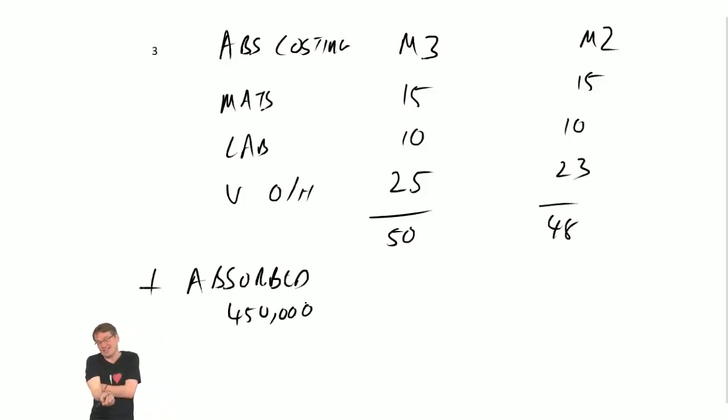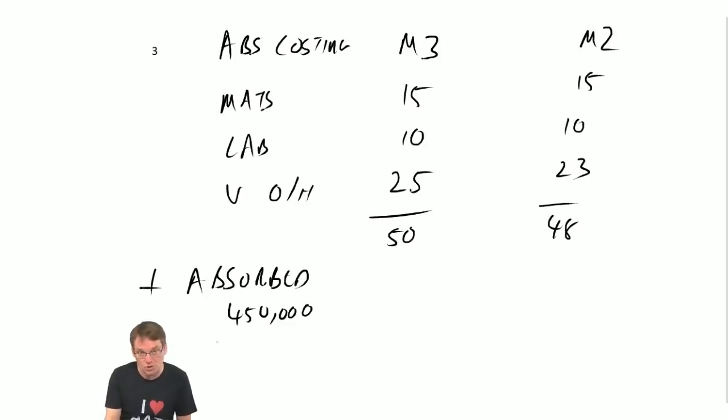That's how much I need to collect. Where am I going to collect it? In some questions, you'll use labour hours. In some questions, you might use materials. But the most common one is what we've got here, which is to use units. How many units are we going to produce? We're going to make 10,000.